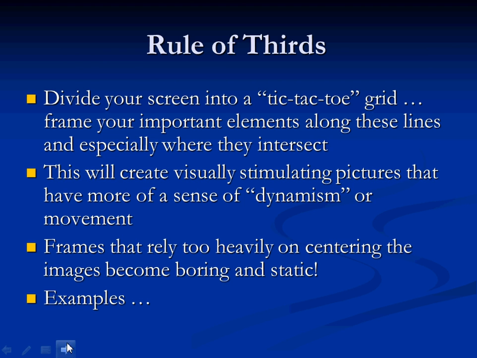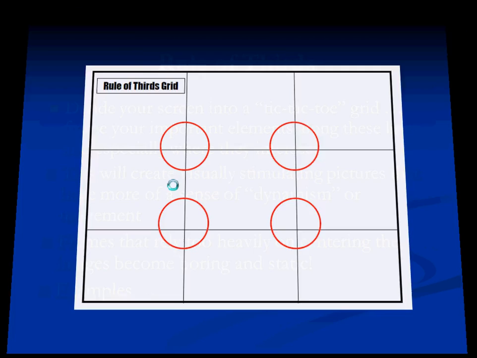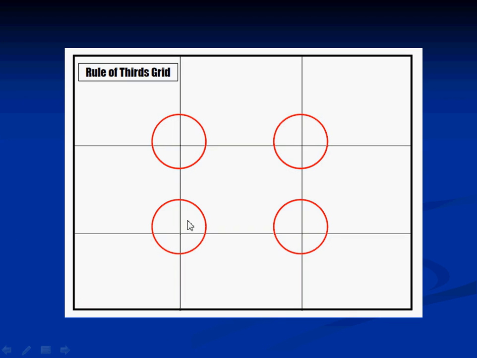or take pictures. So rule of thirds: divide your screen into a tic-tac-toe grid, and try to frame the important elements along these lines, especially where they intersect. Whatever you want to draw the attention of the viewer to, that's where you put in these areas. Say you're taking a picture of someone who's got beautiful eyes, you would want to put their eyes somewhere right around here or here.